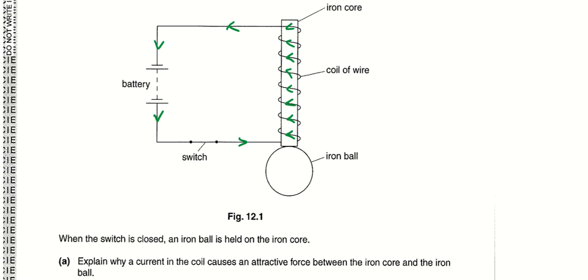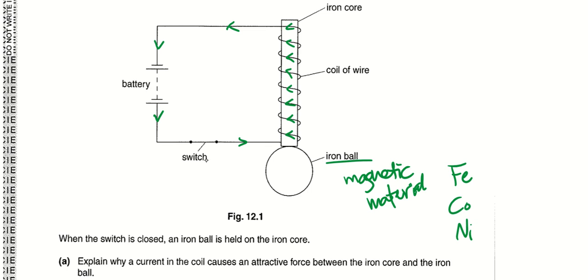So when the switch is closed, an iron ball is held on the iron core. Iron ball is actually a magnetic material. What are the other magnetic materials? It will be iron, cobalt, nickel, and steel.